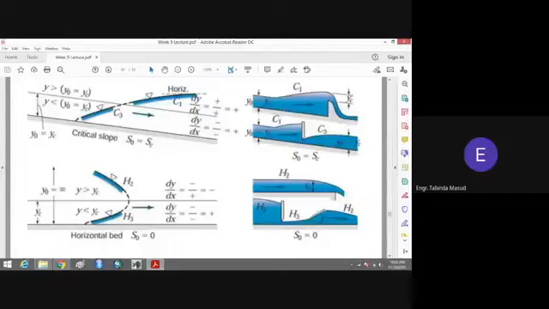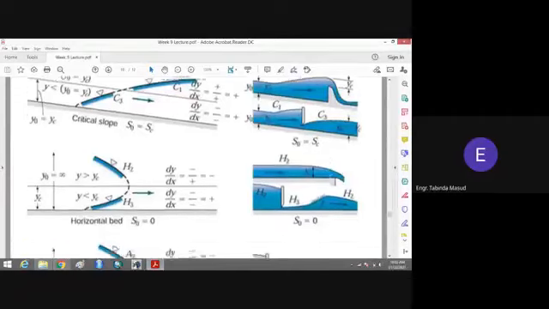Practical examples: if you have an obstruction on a critical slope, then you will get this kind of curve C1, a backwater curve. The depth of the flow is increasing, and if you have a sluice gate on a critical slope, then again you have C1 behind the sluice gate and C3 below the sluice gate, and you can see there's no hydraulic jump in case of the critical slope.